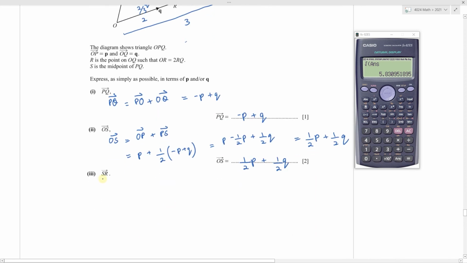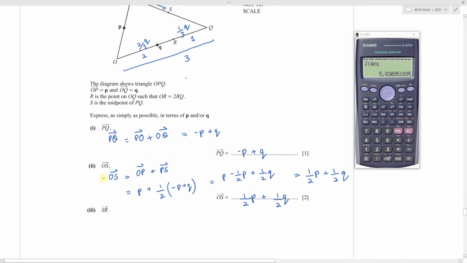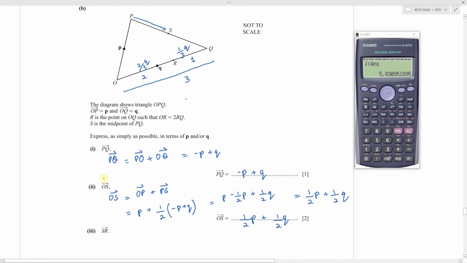The next is you have to find the vector SR. So SR is this vector here. I can calculate it by adding SQ plus QR. So let's do that.